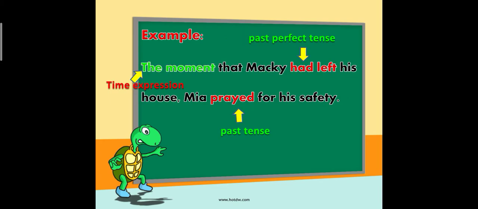The moment that Maki had left his house, Mia prayed for his safety. The moment is the time expression, while had left is the past perfect tense, and prayed is the past tense of the sentence.